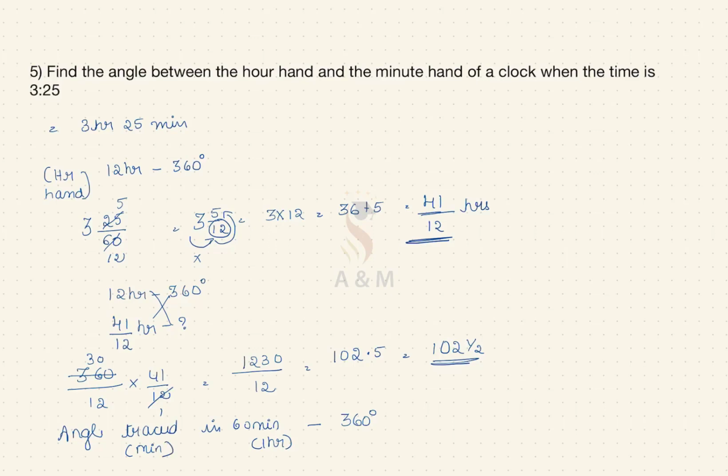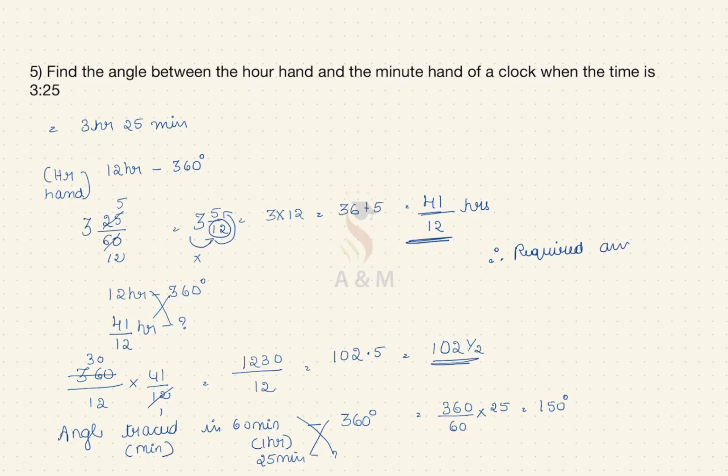So how many minutes here? 25 minutes. For 25 minutes, how much? Again cross multiplication: 360 by 60 into 25. You get 150 degrees.